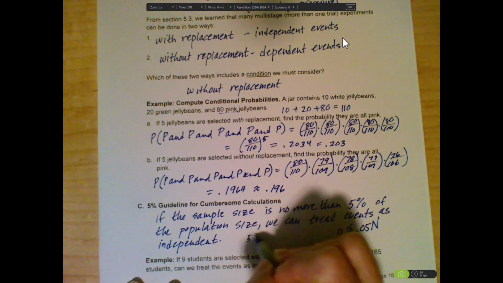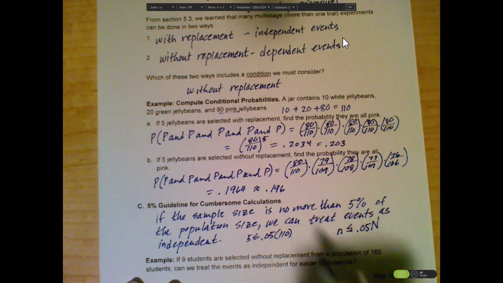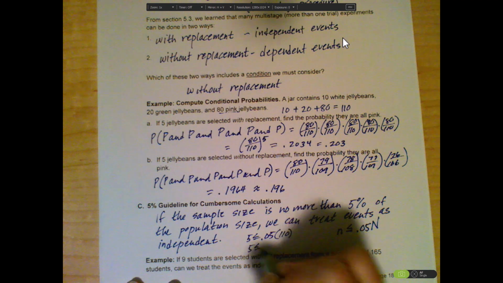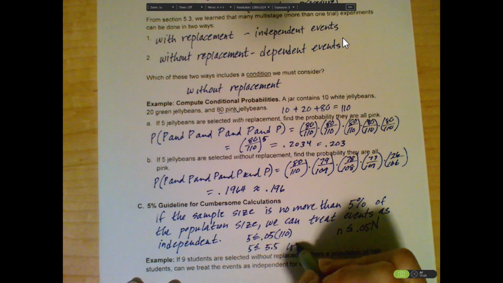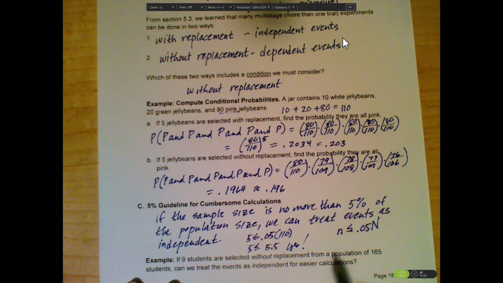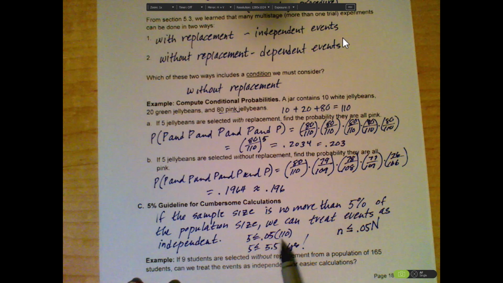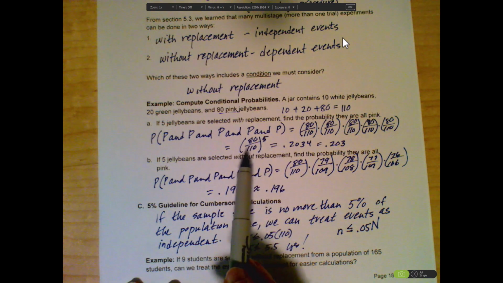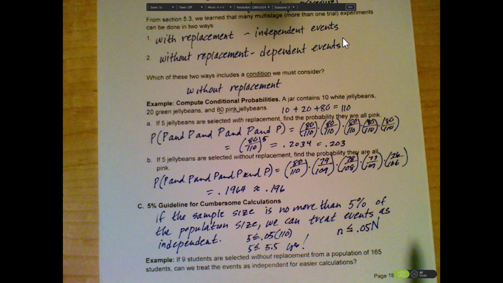Is 5 less than or equal to 0.05 times 110? When you multiply that out, you get 5.5. Yes. So that means in this case, since the sample size is no more than 5% of the population size, it would have been acceptable for us to do the easy calculation rather than the cumbersome calculation here.